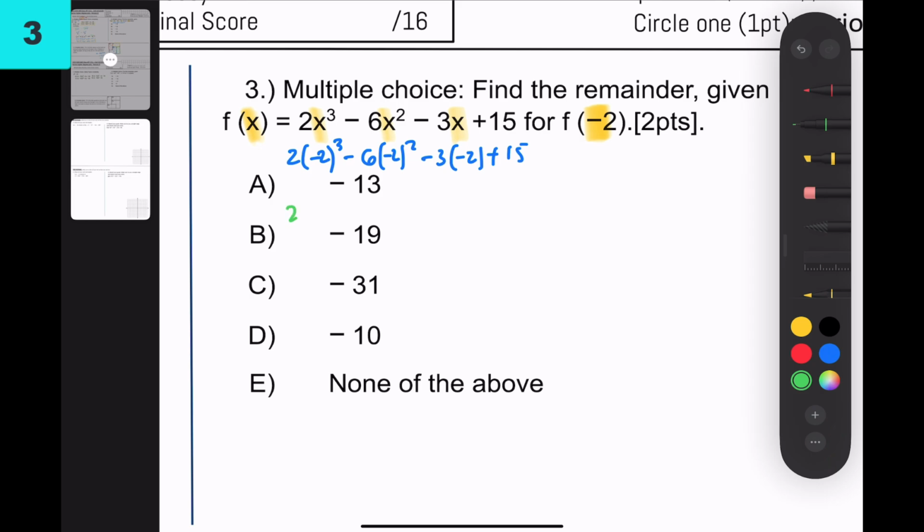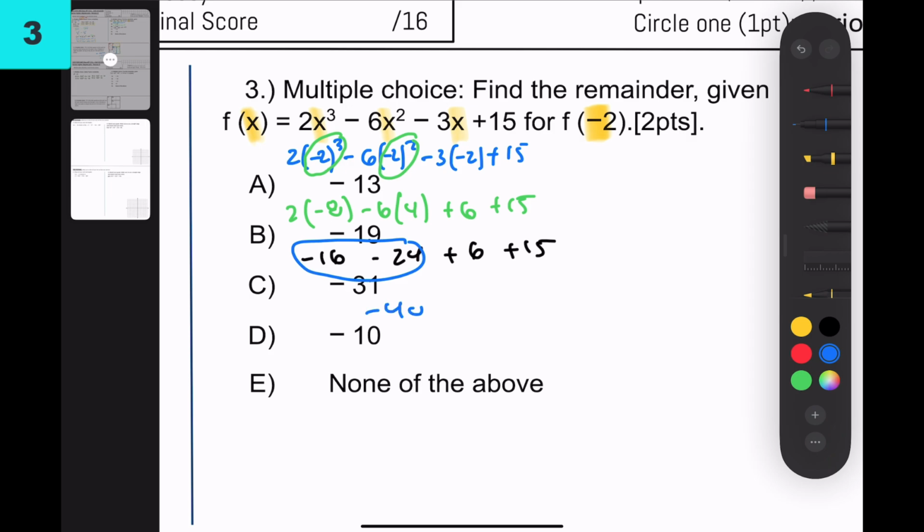That becomes 2 times negative 2 to the 3rd power, that'll be negative 8. Negative 2 squared is going to be positive 4. This will become plus 6 plus 15. Negative 16 minus 24 plus 6 plus 15. So that's negative 40 plus 21. So this would be negative 19, and that would be choice B.